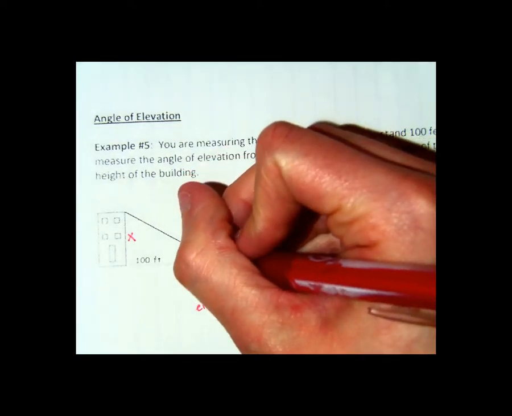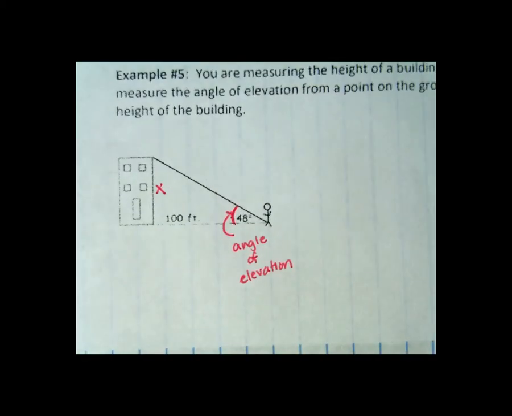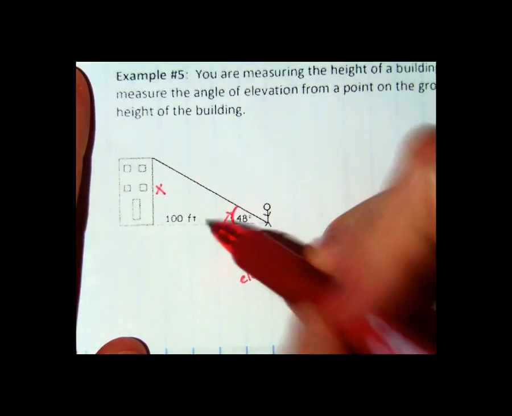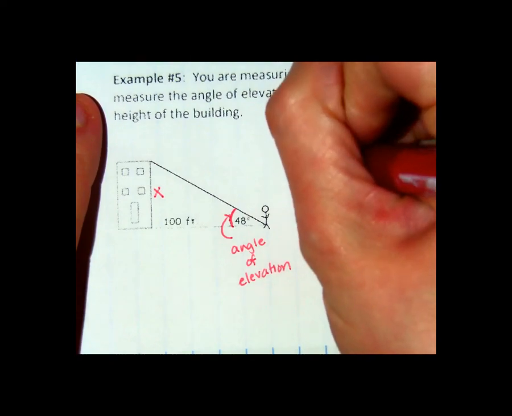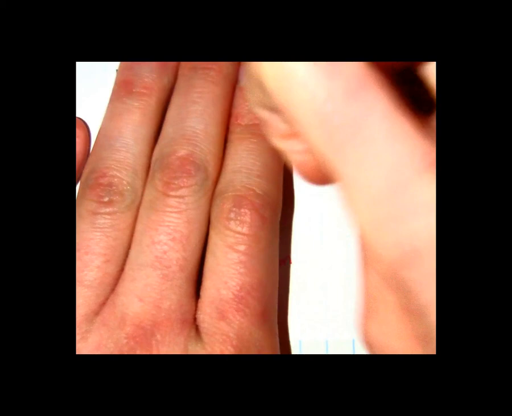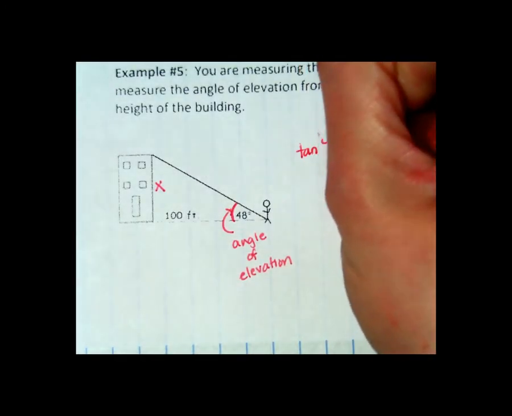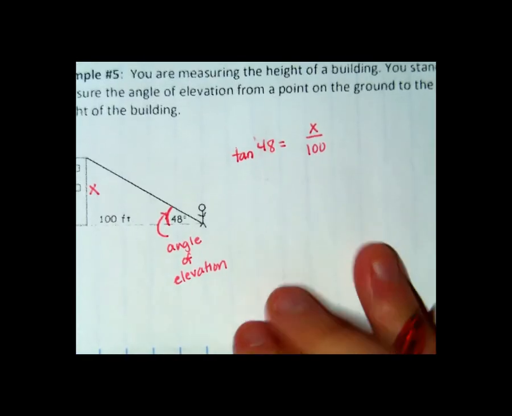We are finding a side length. What does that mean we're going to do? We're using tangent because we need the opposite and we have the adjacent. Okay? Then we literally just fill in. Tangent of 48 equals, I like it when it comes out over something so I don't have to divide anything.